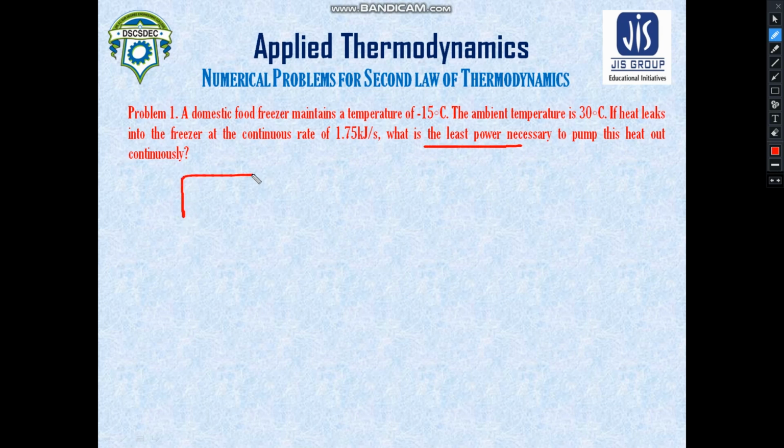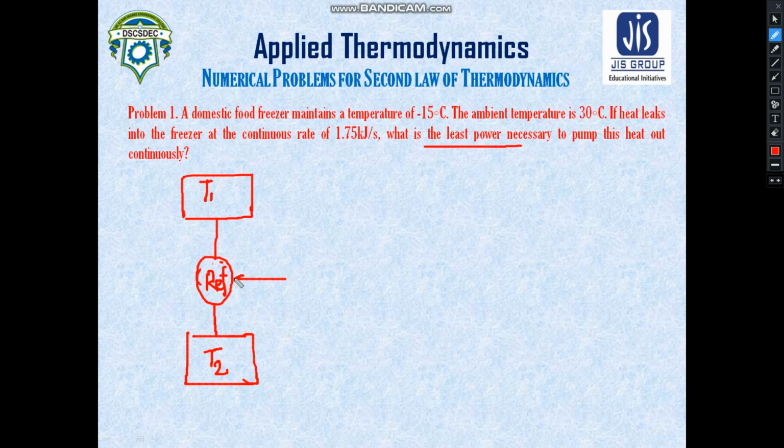So let us draw a diagram by which we can explain this condition. This is the source which is maintained at T1. We'll see what we mean by this T1, and this is your refrigerator.